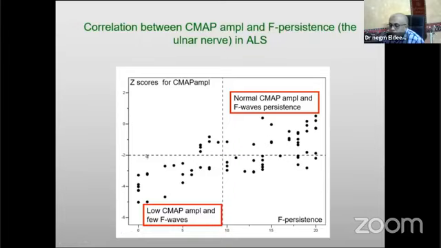Lower normal is 2 standard deviations. And if we have good amplitudes here, then we have normal persistence. But when the amplitude goes down and is abnormally low, then we also have correspondingly lower F persistence. So it's a line going through the graph like this.